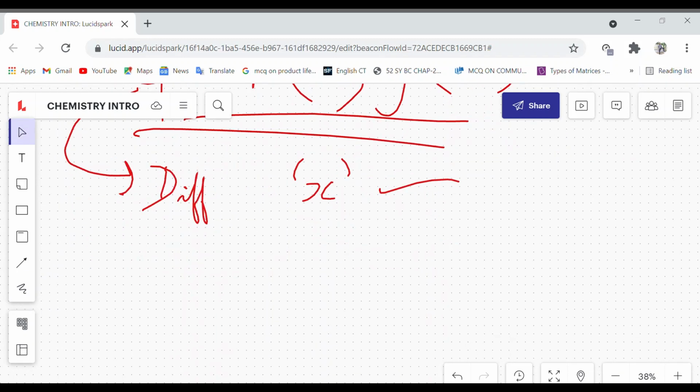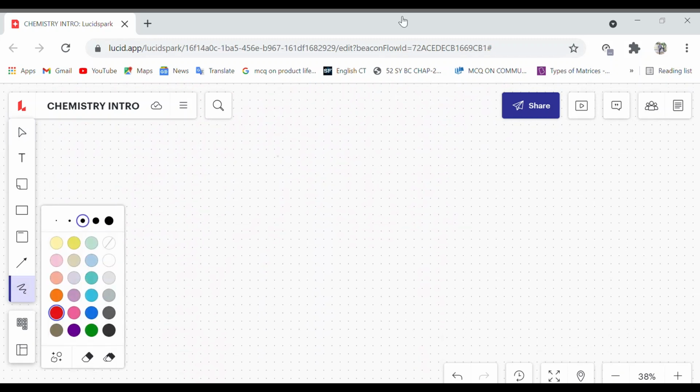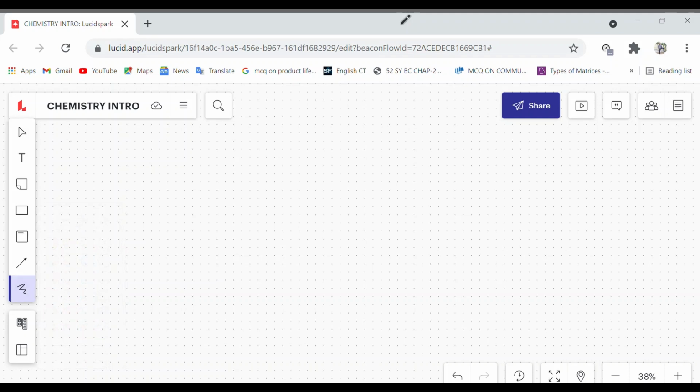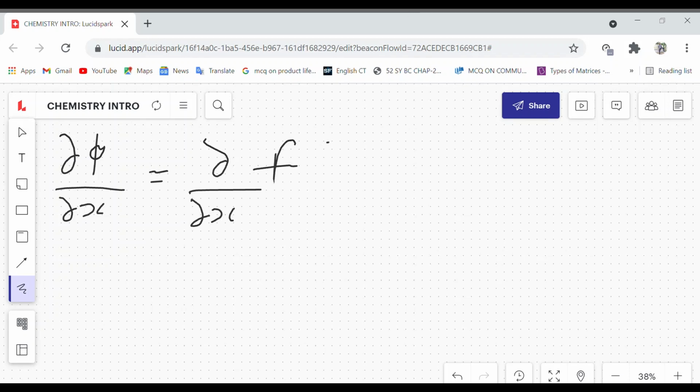I will directly write the values. So dou phi by dou x equal to dou f of x by dou x into g of t.